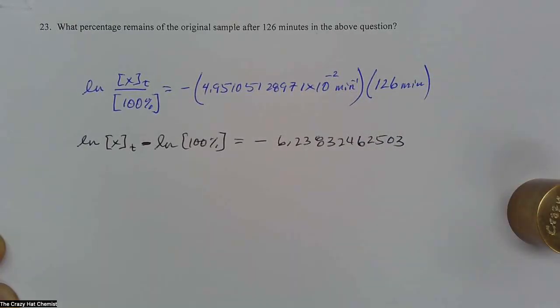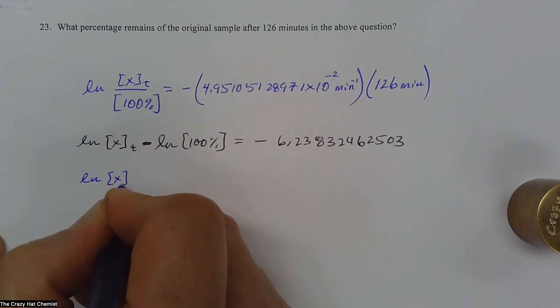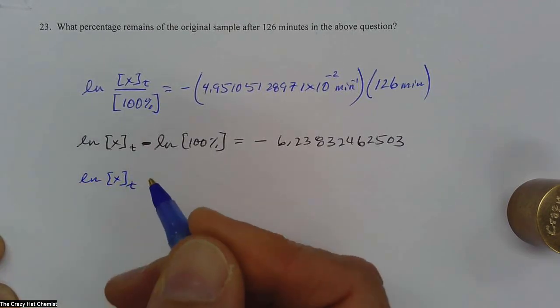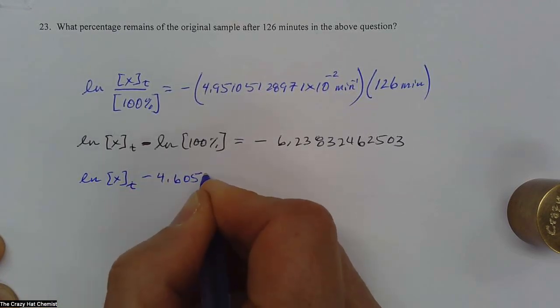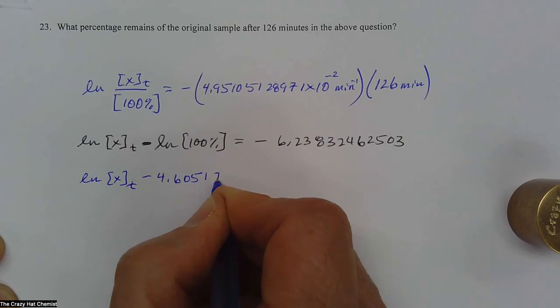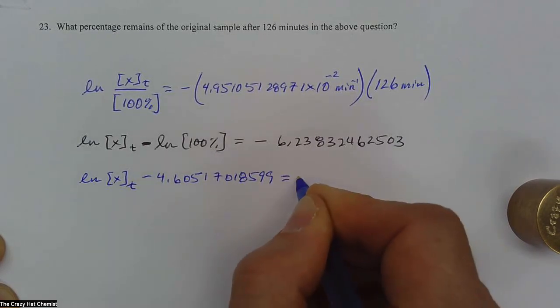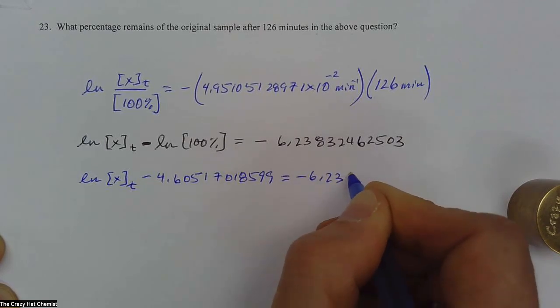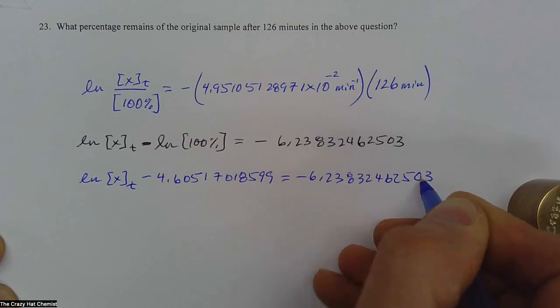That's the same number that we calculated before, natural log of x sub t, minus 4.6051701859 is equal to negative 6.2383246503.